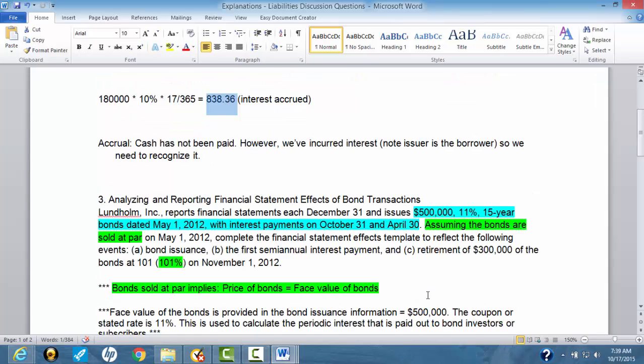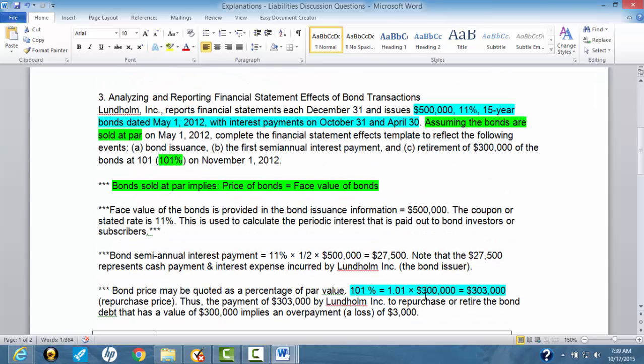Now moving on, let's look at long-term liabilities, and we'll focus on bonds. Now, we have a company that reports financial statements each December 31, and it issued 500,000 11% 15-year bonds dated May 1, 2012.